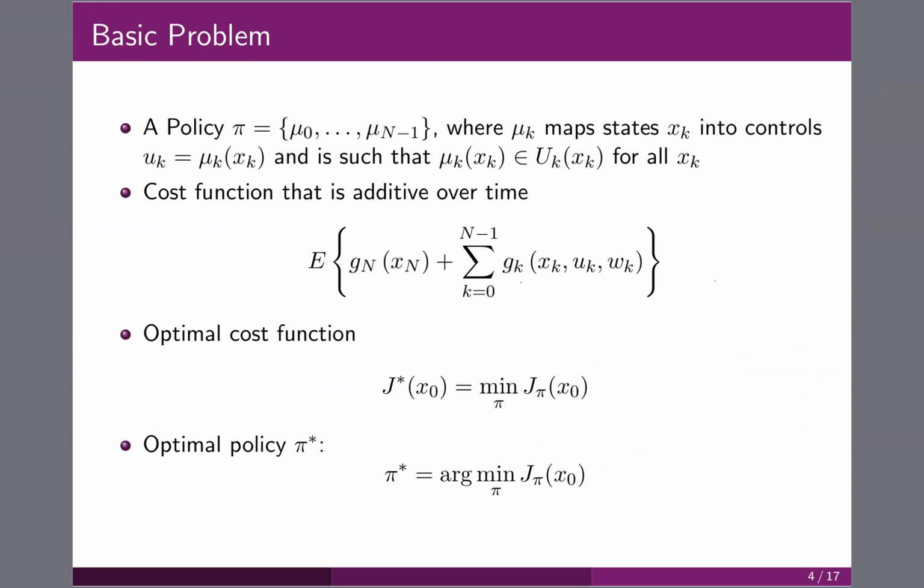A policy is a list of functions. The functions I will introduce later, but remember this is a list of functions from mu_0 to mu_{N-1}, which we call pi. Each mu_k is a function that maps states into control actions. So mu_k is a map from x_k to u_k. This map determines, given the state, which action we will choose.